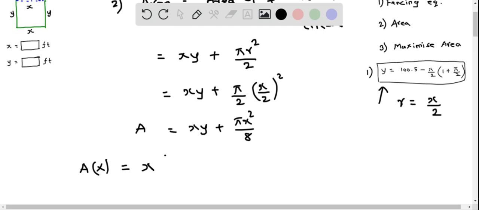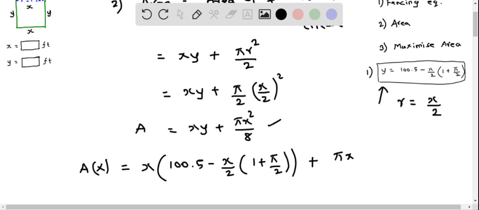This becomes x times, let me replace y as we found in the first step, 100.5 minus x by 2 times 1 plus pi by 2. And then we have this pi x squared by 8.